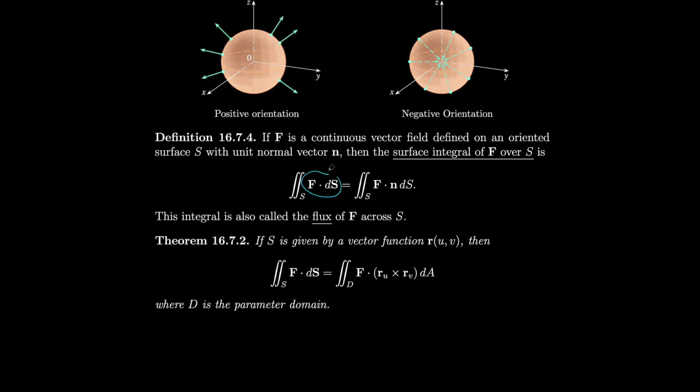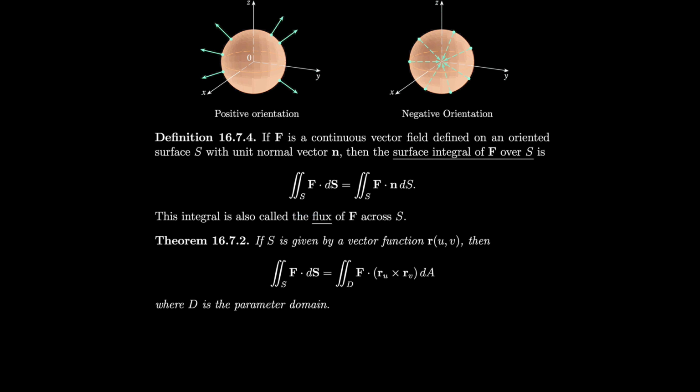This dot product doesn't really have any meaning until we say that it equals this dot product dS. We know how to calculate this integral, because this will just be some scalar, and this will just be our regular surface area integral that we parameterize and all that. So we can use that to calculate this new integral that we're defining.